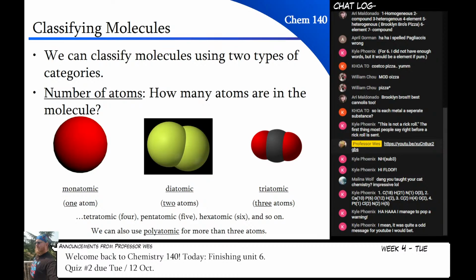So we got triatomic, tetraatomic, pentatomic, and so on. Typically speaking, the term polyatomic is used for more than 3 atoms, because at that point, like, why bother? There's a lot of atoms there. That's fine. So we can categorize a molecule based on the number of atoms that are in there and give it one of these labels.